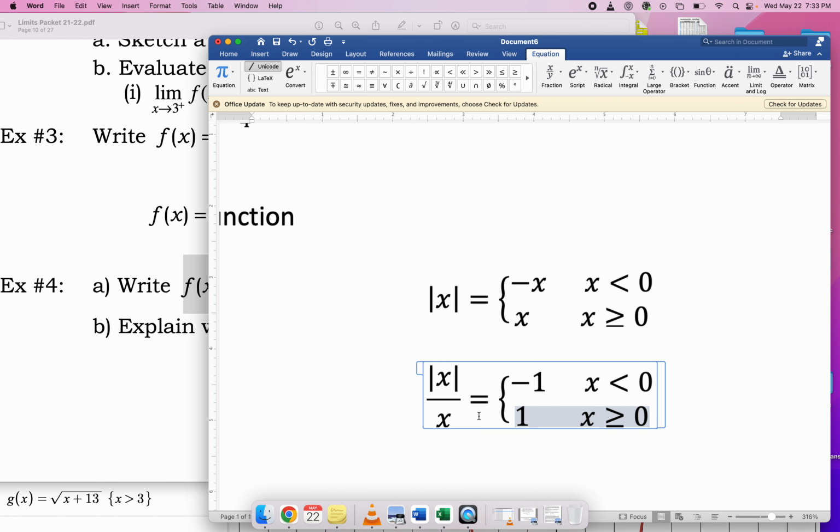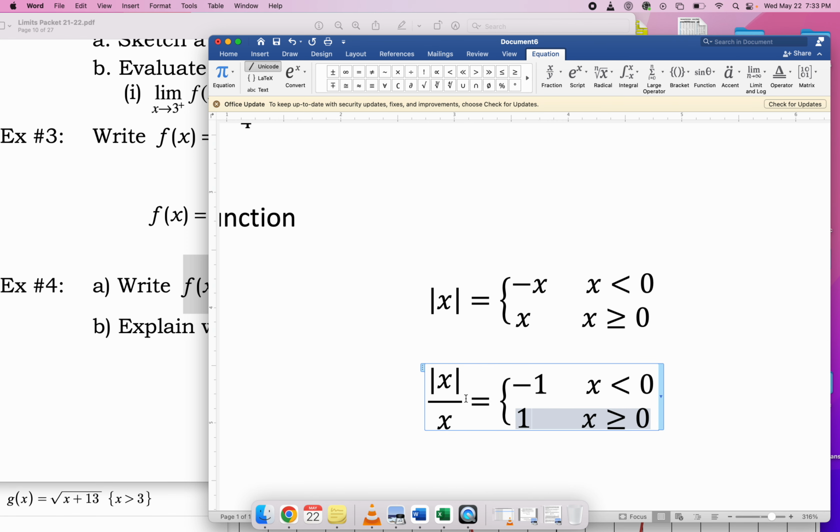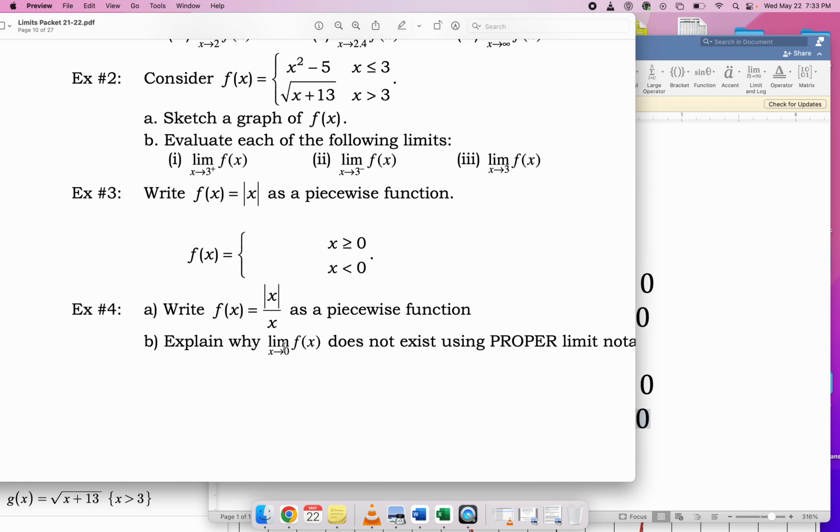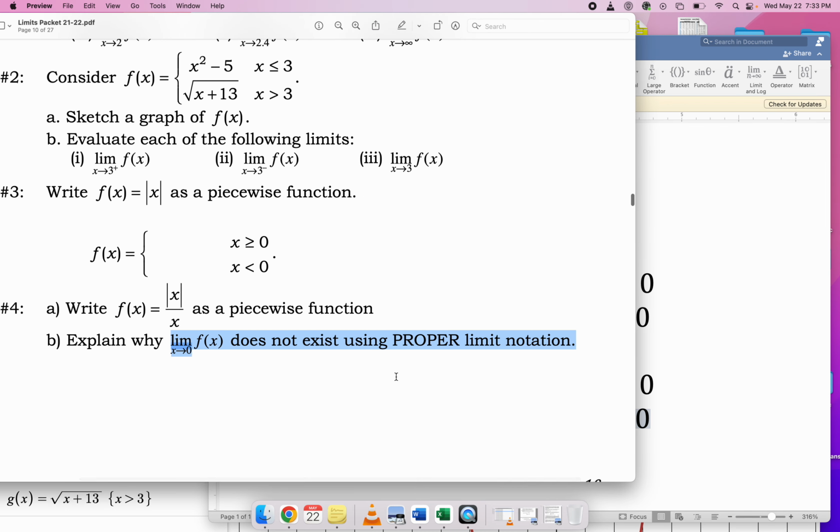There is one slight issue, though. This function's not actually defined for x equal to 0, and so I should really change this greater than or equal sign to a strictly greater than sign, right? So this guy here, it's -1 for negative values, and it's +1 for positive values, and then it's very clear why the two-sided limit does not exist.